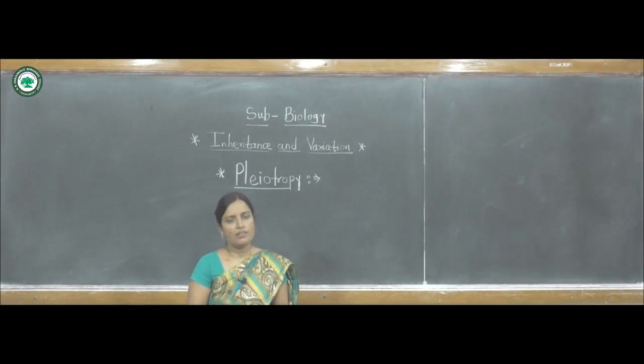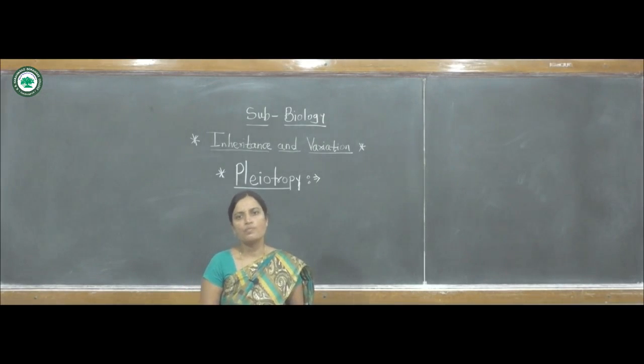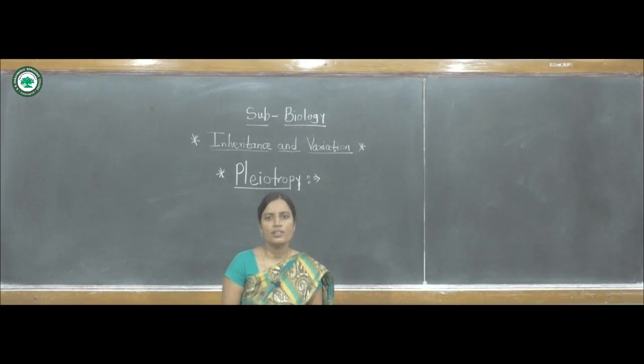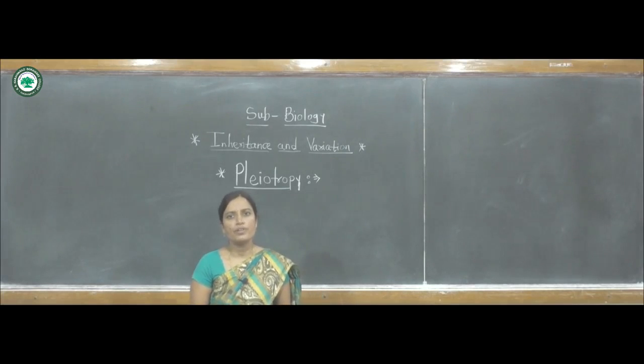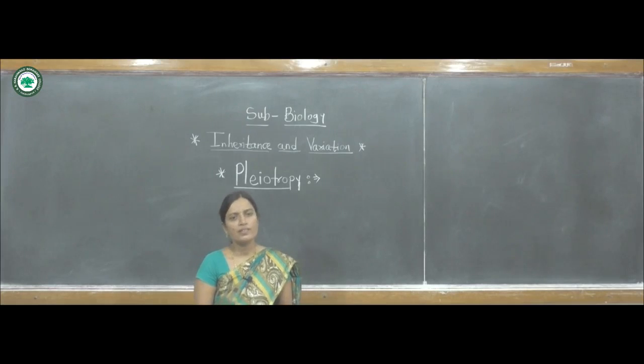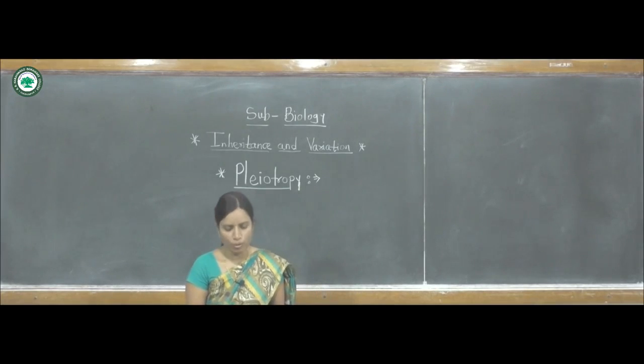For multiple alleles we shall study the example of human blood groups, or some Drosophila flies. In this lecture one important example is pleiotropy.